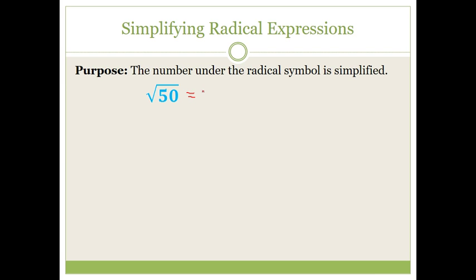You would have to know that 2 times 25 is 50, and 25 is a perfect square. So they would have you rewrite this as the square root of 2 multiplied by the square root of 25. And then since the square root of 25 is 5, we could say that this simplifies as 5 radical 2.